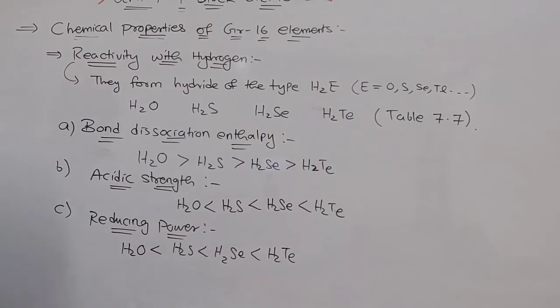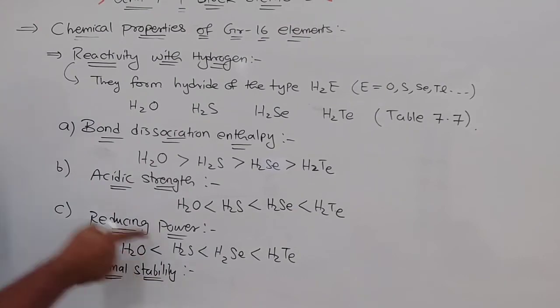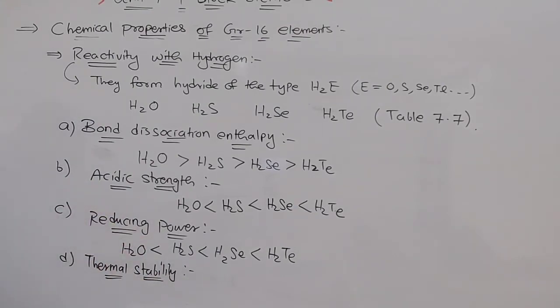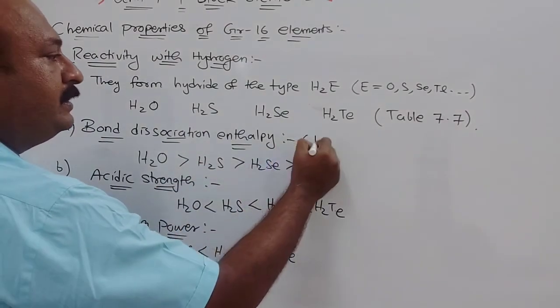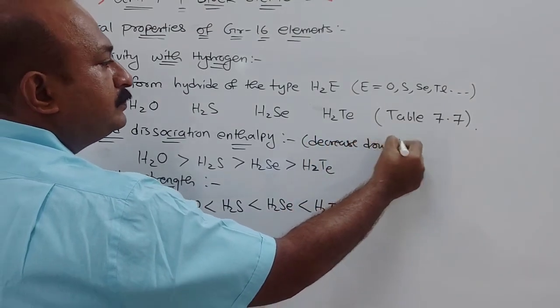Then thermal stability is the last property of the hydrides. All this order can be asked in an MCQ for 1 mark. Bond dissociation enthalpy decreases down the group.